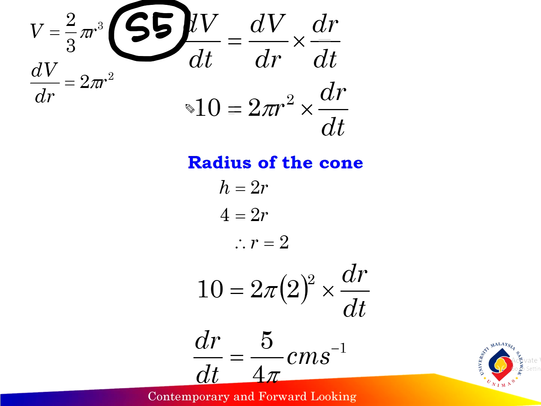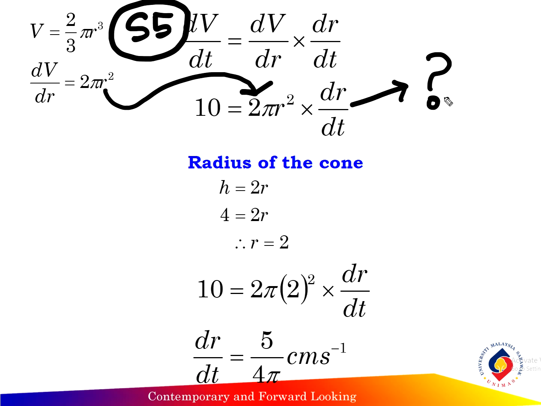And dV over dt here equals 10 centimeter cube per second. dV over dr equals 2 pi r square. And here you find the rate of increase of the radius.